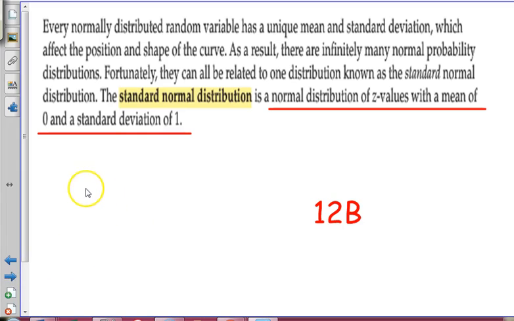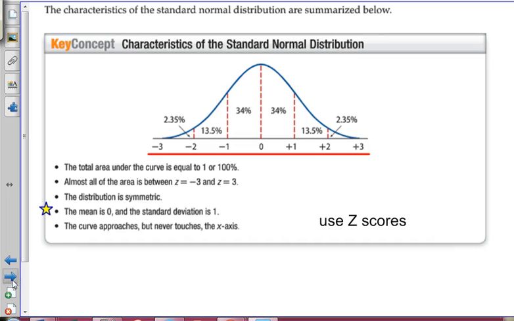All right. Every normally distributed random variable has a unique mean and standard deviation, which affects the position and shape of the curve. As a result, there are infinitely many normal probability distributions. Fortunately, they can all be related to one known as the standard normal distribution, which is what they use to do the z-score, okay? Here it said the mean is 0 and the standard deviation is 1.